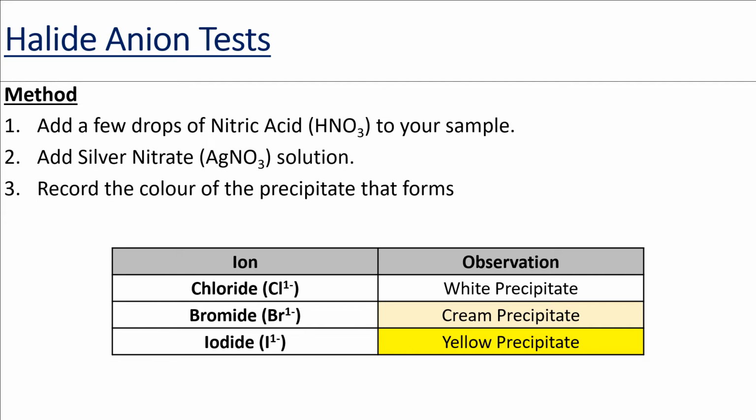If you get a cream precipitate, that tells you it's a bromide, and if you get a yellow precipitate, that tells you it's an iodide. Again, learn and remember these. You need to know the reagents, the conditions, so which acid do you need to acidify it with. The reagent is silver nitrate, and if it's a chloride, white precipitate, bromide, cream precipitate, iodide, yellow precipitate.